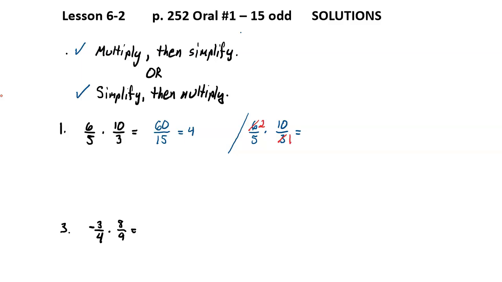Similarly, the 10 that's in the top and the 5 that's in the bottom reduce. 10 and 5 both divide by 5. 10 divided by 5 makes 2, and 5 divided by 5 makes 1. Now multiply. 2 times 2 is 4. 1 times 1 is 1, and 4 over 1 is better known as 4. Both methods get you to the same answer. Now, in your opinion, which one was faster, which one was more efficient?